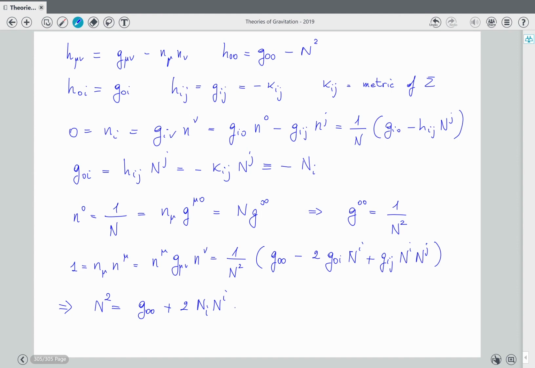And then here you have that g is h, and h lowers the index with a minus. So you have minus N_i N^i. So you can write g_{00} as N squared minus N_i N^i.